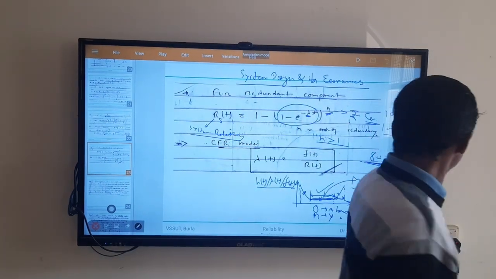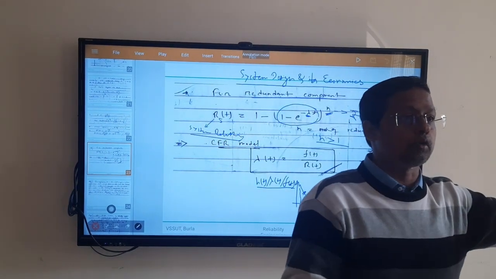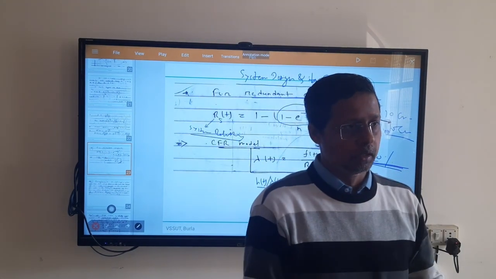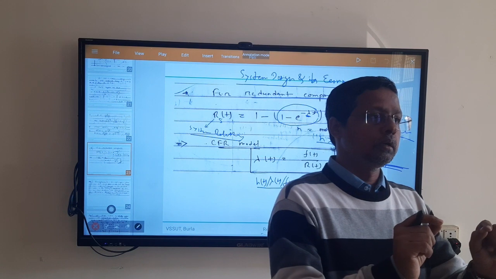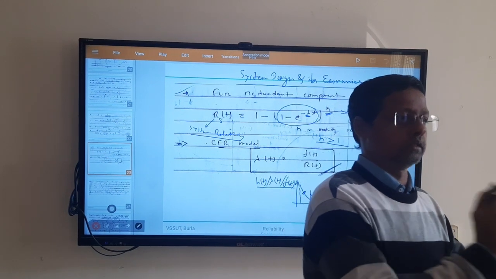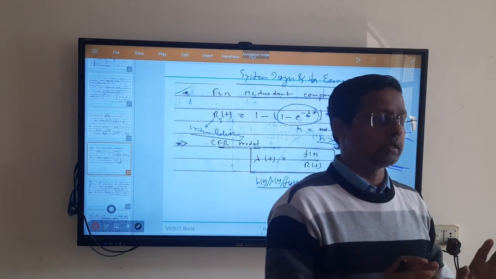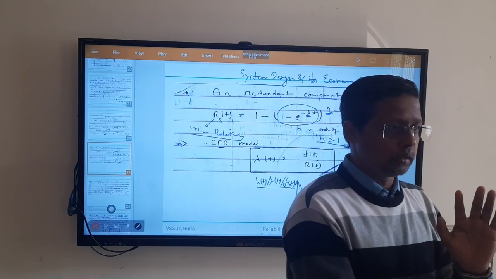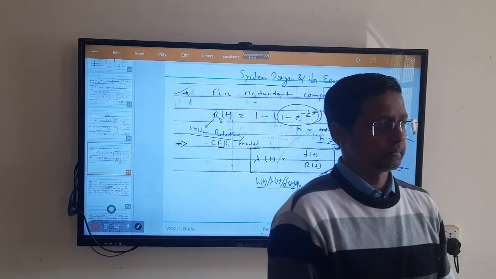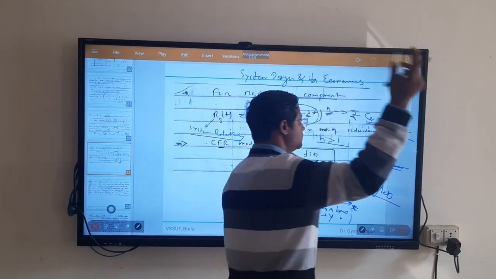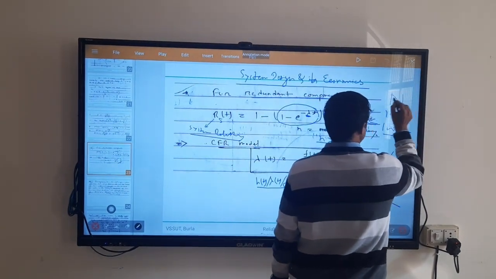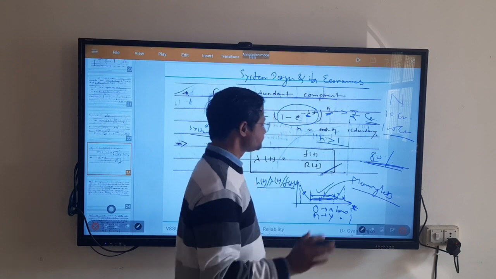N is not representing the number of components participating in the system. N is representing the number of components you need to take in redundancy, in redundancy of a component within the whole system. Getting my point? For our clarity, the number of components we will take as capital N for our discussion purpose.